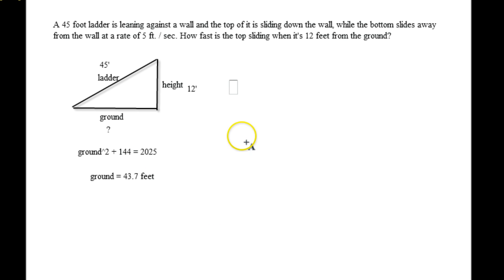If we were to write this out in a Pythagorean theorem, a squared plus b squared should equal 45 squared, which is 2025. Now, we're going to treat this as our actual formula. What we need to find is the rate at which the top is sliding down the wall. We would call that dh/dt. That's the thing we don't know.